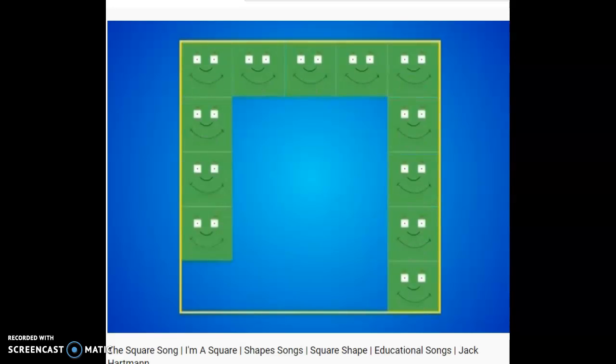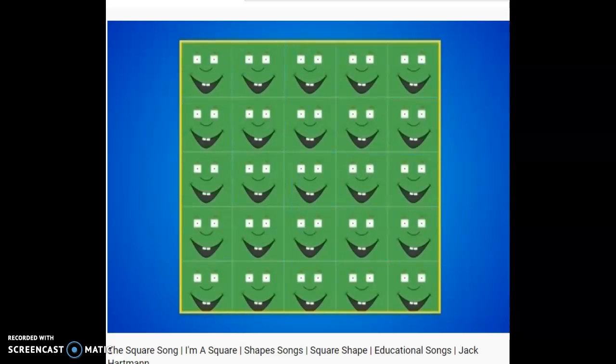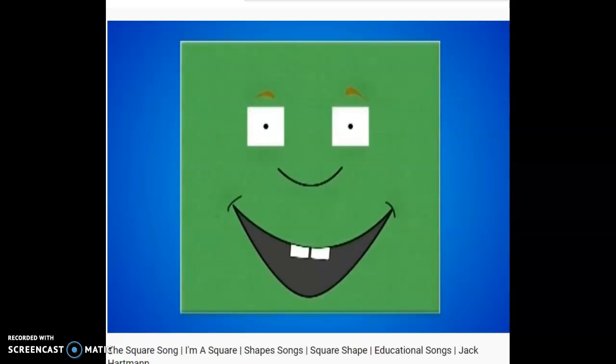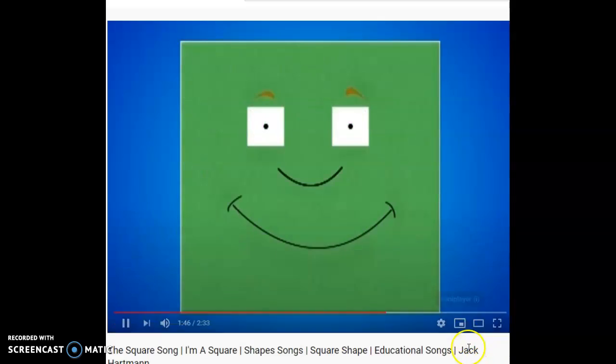One straight line up, another straight line over, another straight line down. A straight line back to the start, and we're there. I'm a square, I'm a square, I'm a square.